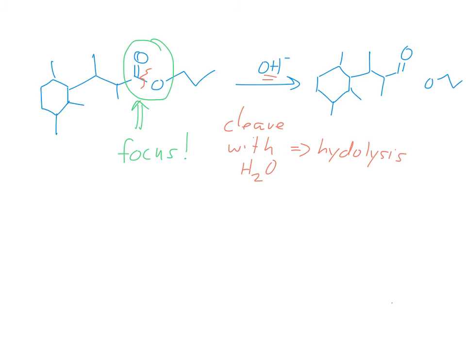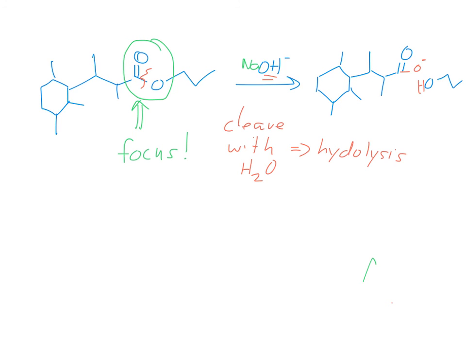When we do it in base, we end up with an H on this side and an O minus on this side. Sometimes, and I know this is confusing, you can't just add only hydroxide, an anion. It always has to have a cation with it, so you might use something like sodium hydroxide.